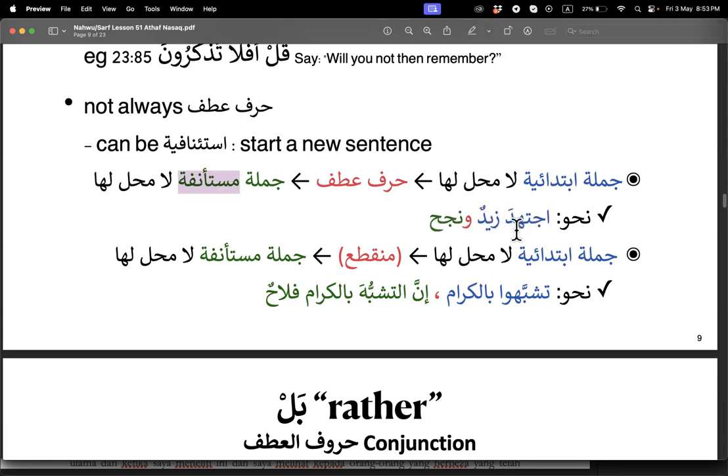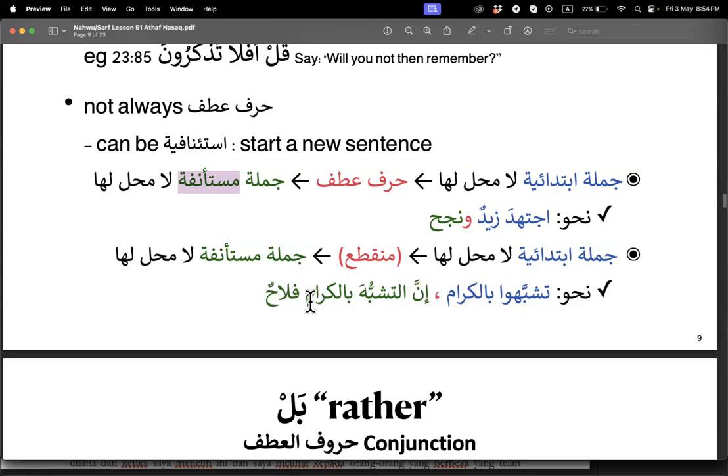Cannot, right? Because this is not mubtada anyway. So this one no mahal, this one also no mahal. That is one way you get a jumlah musta'naf. Another way is you have a jumlah ibtida, so you have a starting sentence here. Here you have tashabbahu fi'il madihum bil kiram. Still la mahala laha because it's the start. You don't have a harf atf, and then you have the next jumlah.